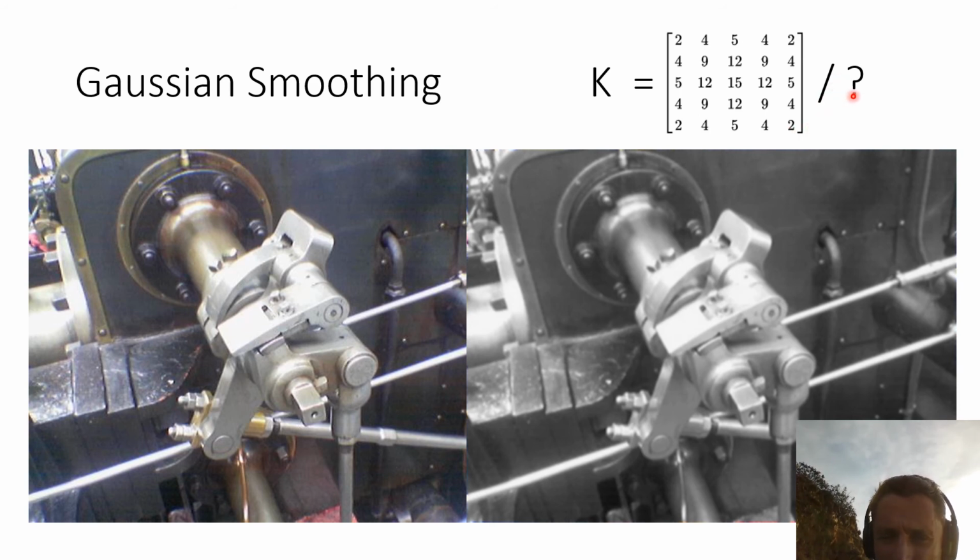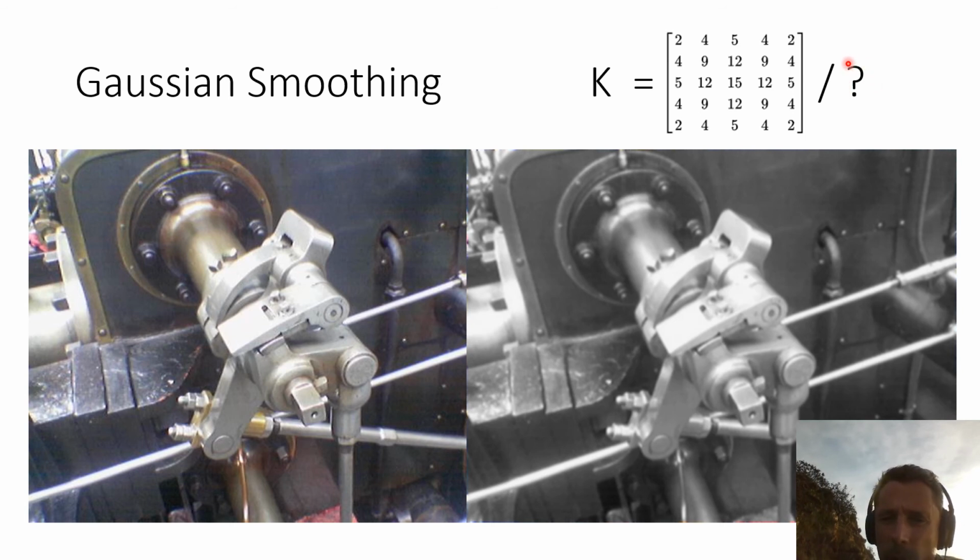But why do we want to divide by something that I don't tell you? That's a question for you in the Q&A. So just imagine you sum up all those weighted pixels with a weight larger than 1. So what kind of image will you get? And also, what happens if your allowed image depth is only 8 bits?